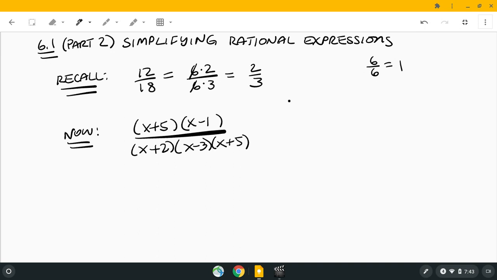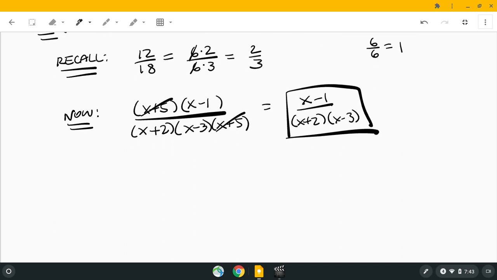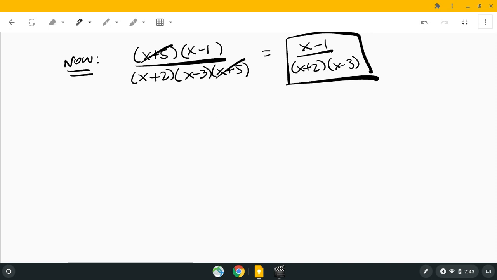And just like over here, the common factors will cancel. So x plus 5 will cancel, and you're left with just x minus 1 in the numerator, and x plus 2, x minus 3 in the denominator. So this would be your final answer. Hopefully you have mastered the art of factoring. All right, let's start off with some a little bit more simple ones.